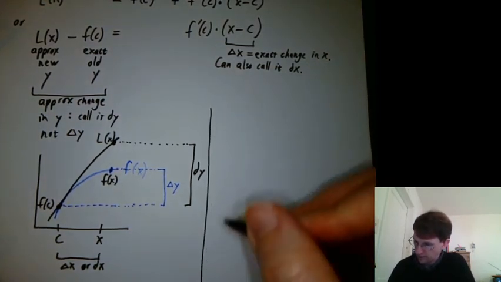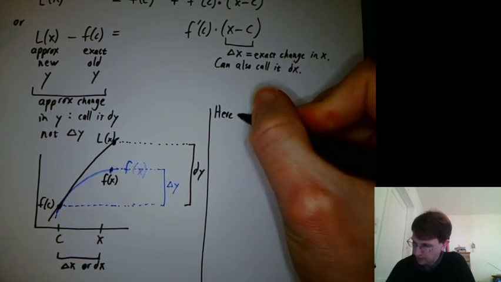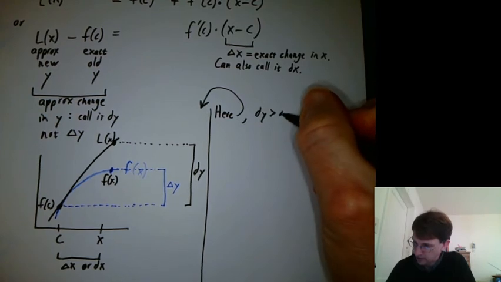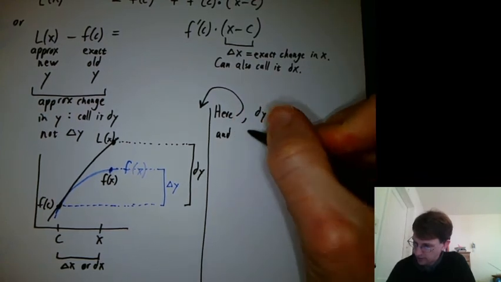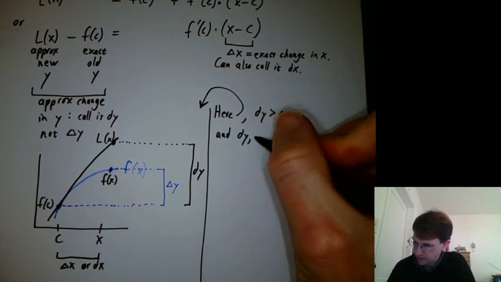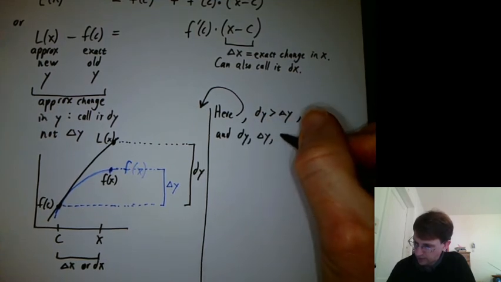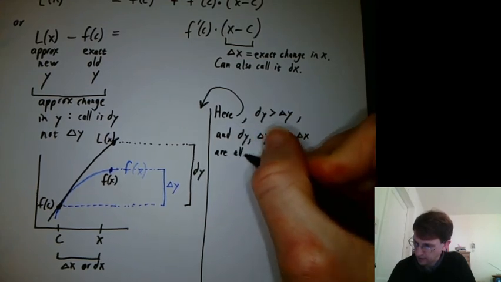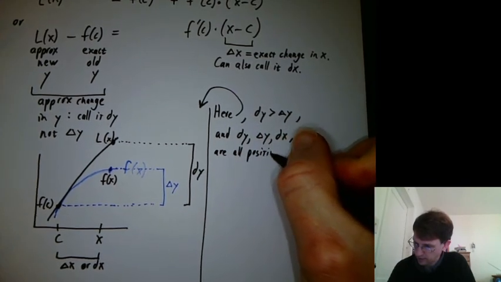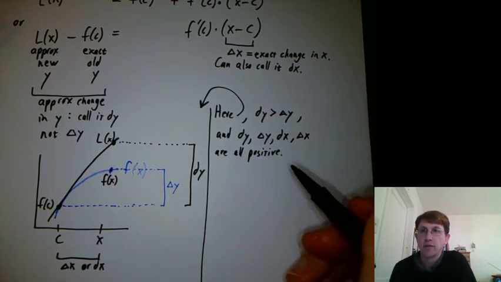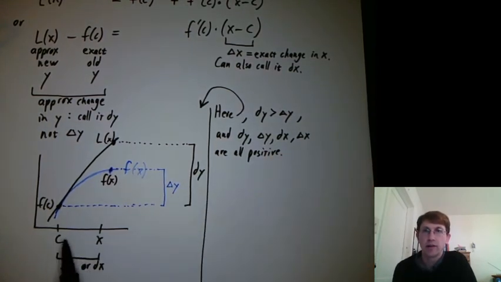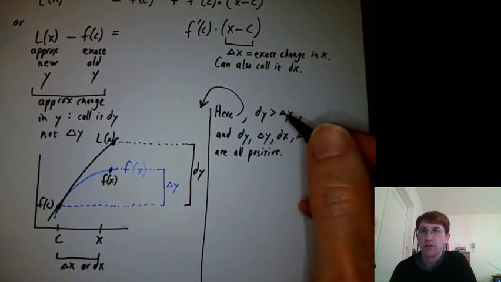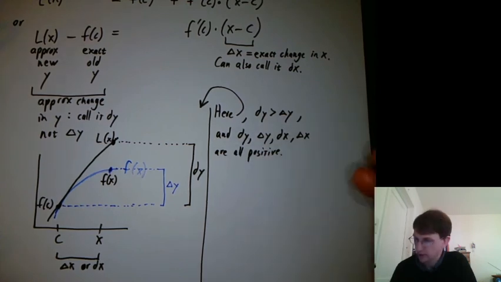So let's write that here. So here in this example, dy is bigger than delta y, and dy, delta y, dx, and delta x are all positive. But if the function behaved differently, or we did something different with x and c, that wouldn't have to be true. The dy versus delta y could change, and the positive versus negative could change.